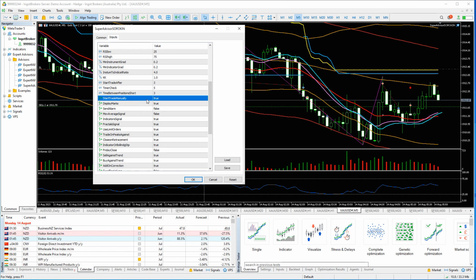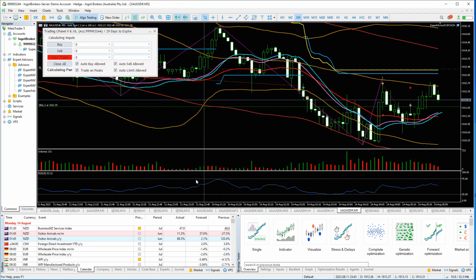System starts trade manually: it's true. It means you just see when you click. If you click here, you see there is a start manual, and if you click on this button, it will switch to automatic mode. Automatic mode starts trading based on your indicators, and you see we have a head here.